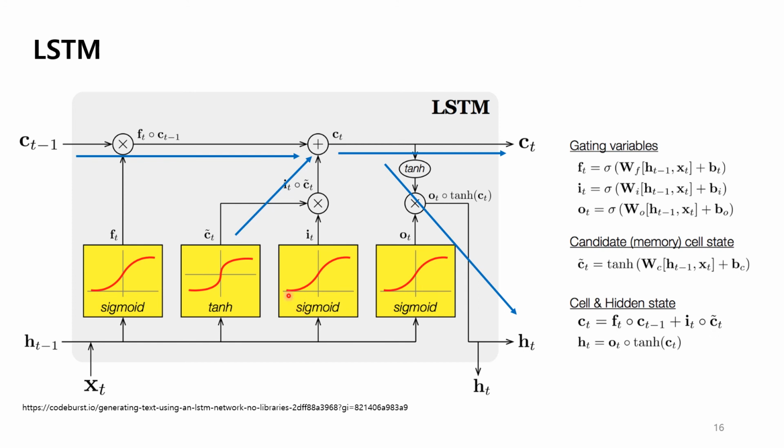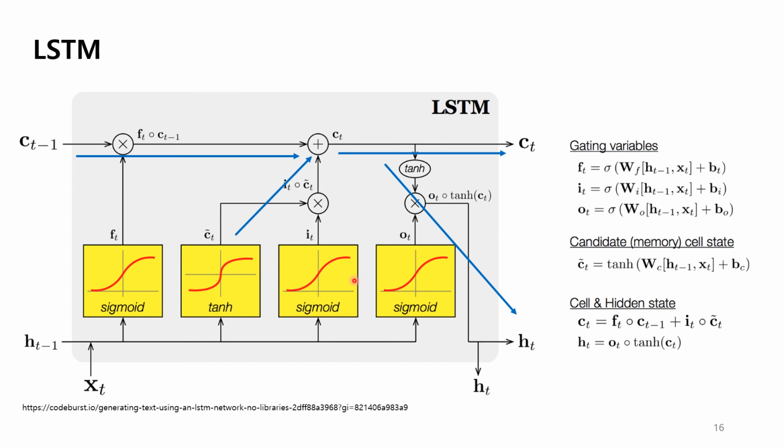So how do you implement this input gate? Actually, we have 3 gates: forget gate, input gate, output gate. All these 3 gates are implemented with exactly the same formula, which is described here. All 3 gates use exactly the same input, H_{t-1} and X_t, and then they apply sigmoid.